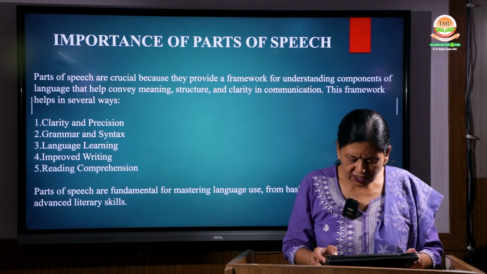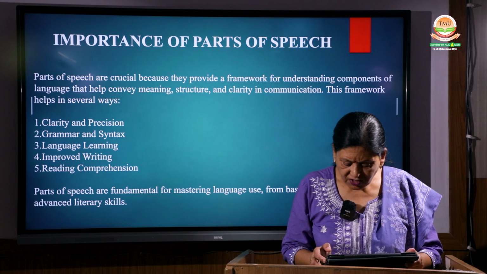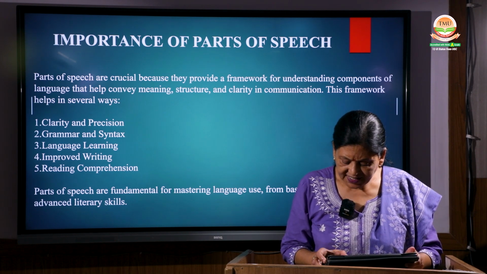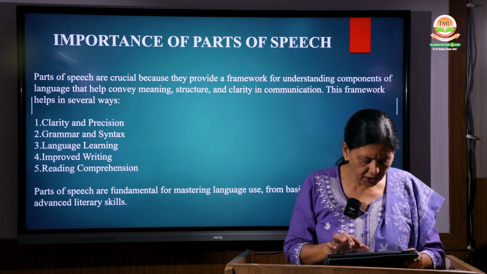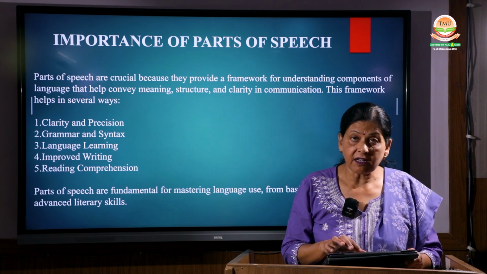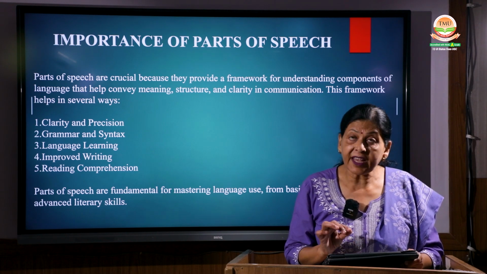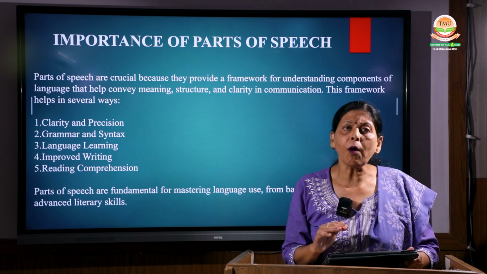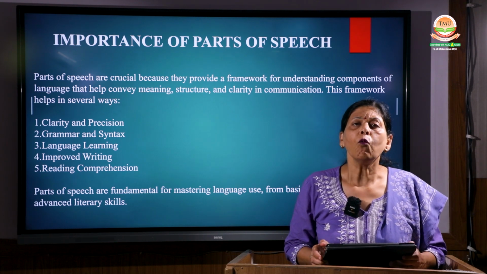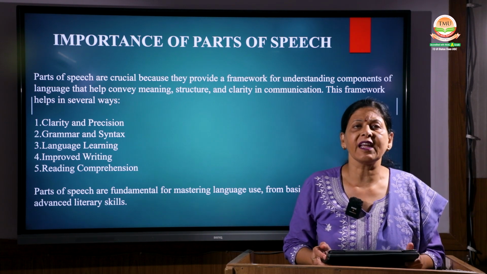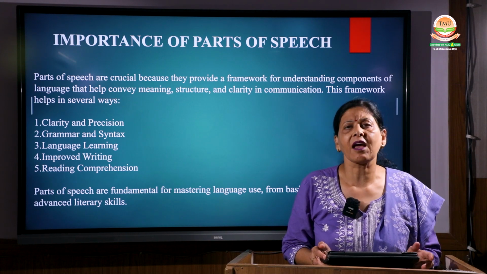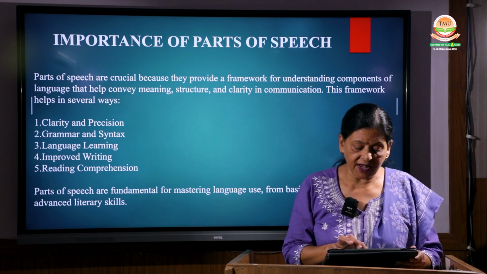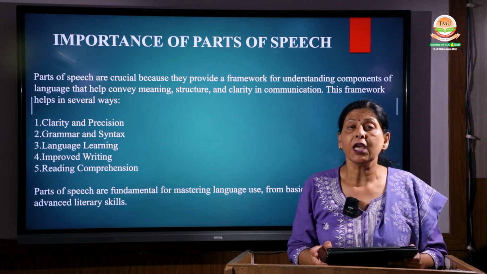So parts of speech are fundamental for mastering language, from basic communication to advanced literary skills. To master our language, from the basic, normal things we understand, speak and write, to the advanced language, the knowledge as well as the mastery of this aspect is very, very important.